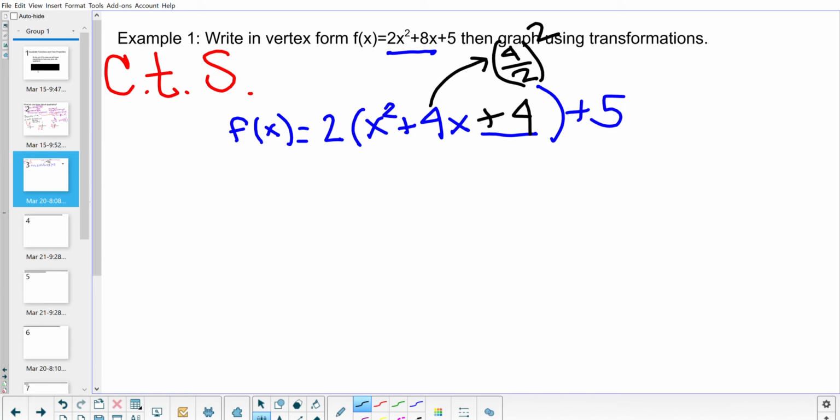Now, the difference is I don't have numbers or terms on both sides. I'm really just trying to stick to this side. So normally we'd say, okay, if I added that to this side to keep my equation balanced, I also have to add it to the other side. But actually we're going to do that in a little bit different way.